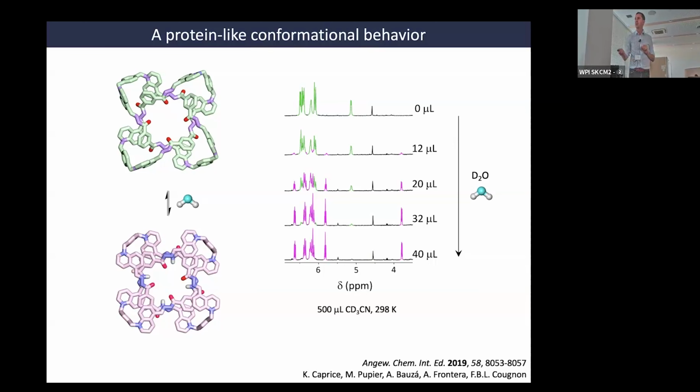Maybe there was another driving force, and the most obvious one is that water also acts as a template, which binds one of the conformations. And because the NMR signals are very neat, we can use the structural information gained by NMR to look into the thermodynamics and the kinetics of switching and gain more information on how the transition occurs.